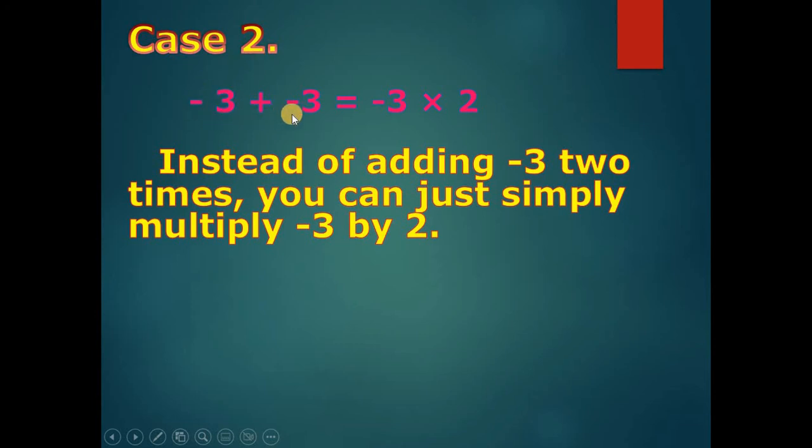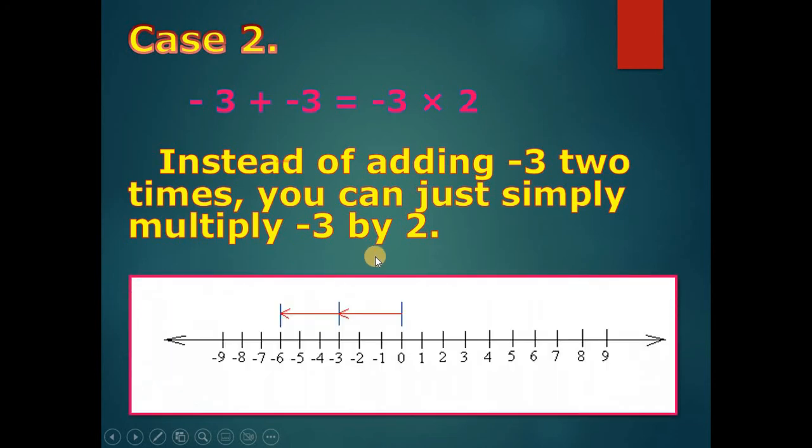So, meron tayong case 2 dito. Negative 3 plus negative 3 is also equivalent to negative 3 multiplied by 2 or negative 3 na dalawang beses. Okay. So, instead of adding negative 3 two times, you can just simply multiply negative 3 by 2. So, in a number line, so ito yon. So, count tayo.